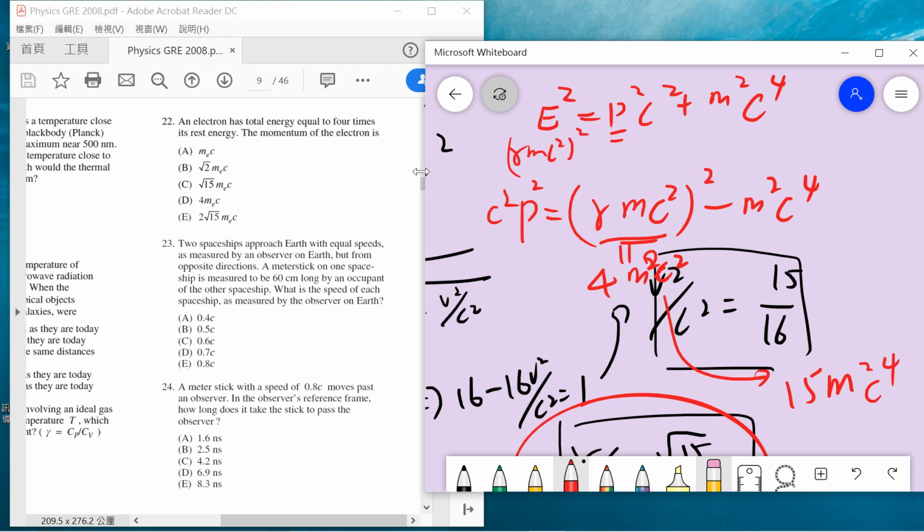So the answer is square root of 15 m c. I should directly solve it without solving the velocity. So the answer is C.